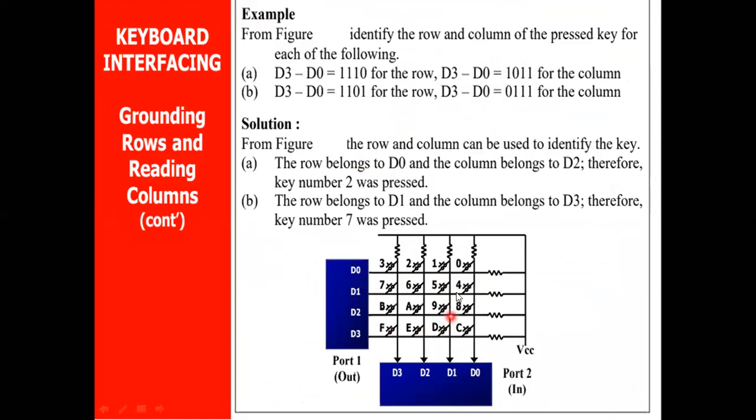Which key is pressed in this situation? The eighth key is pressed. Similarly, with 1, 0, 1, 1, D1 is selected in this row, and with 1, 1, 1, 0, D3 is selected. When D1 and D3 are selected, the 7th key is pressed.